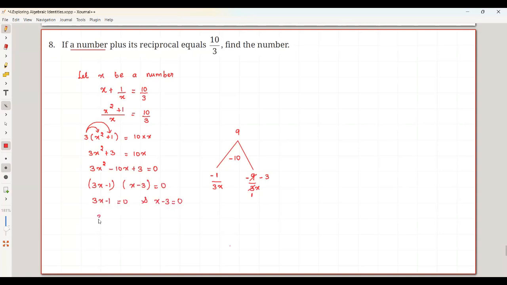So 3x is equal to, minus 1 becomes plus 1, and x is equal to, minus 3 becomes plus 3. So x is equal to 1 by 3 and x is equal to 3. The numbers are 3 and 1 by 3, that is the answer.